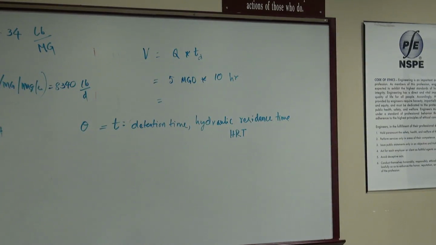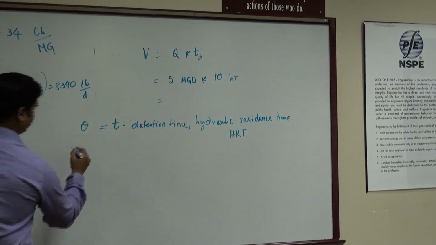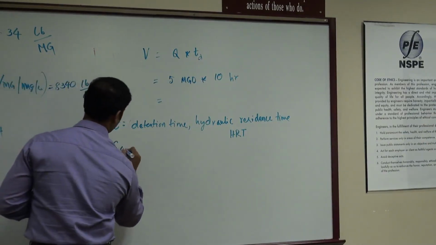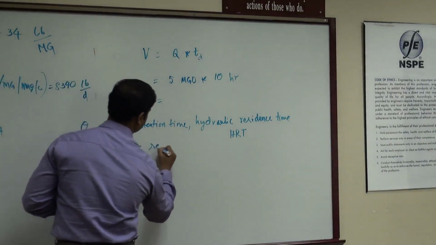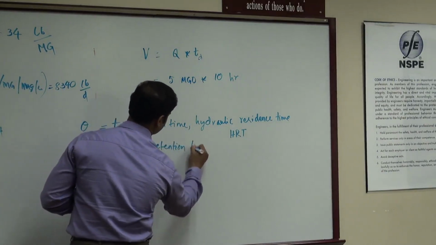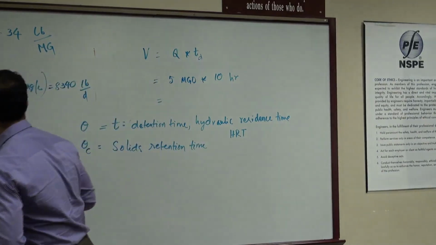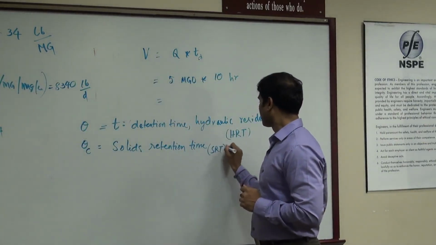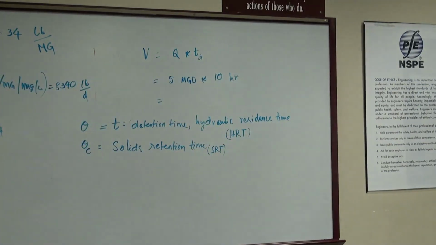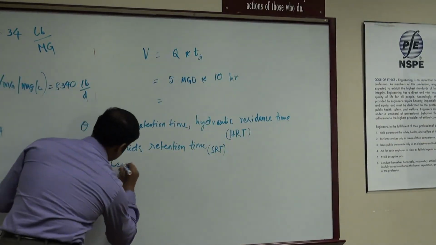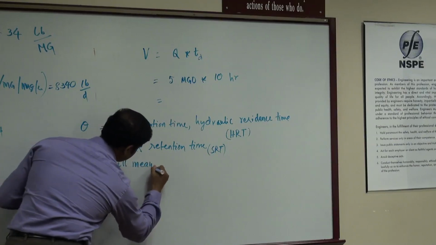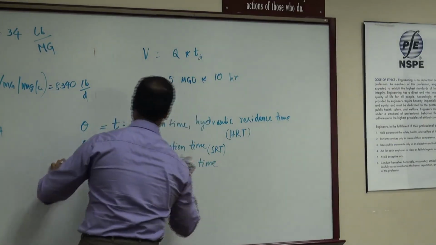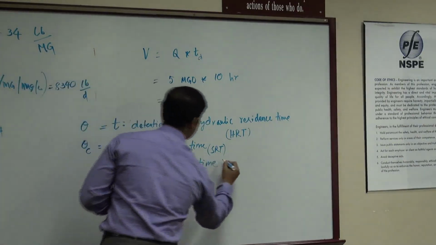The reason I'm writing this is there is another term called theta C. Theta C is solids retention time, SRT in other words, or this is also called cell mean residence time, that is CMRT.